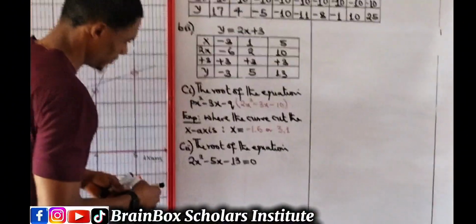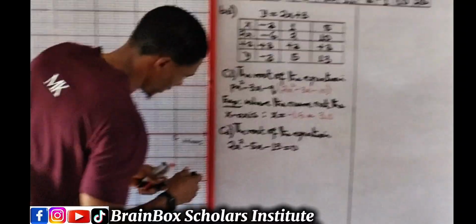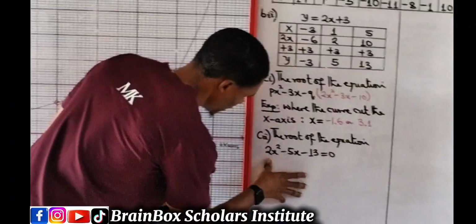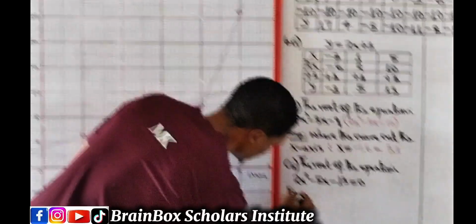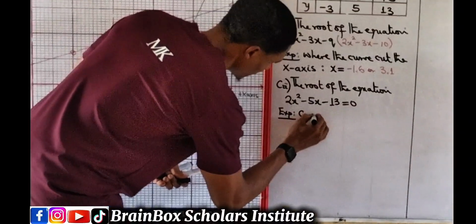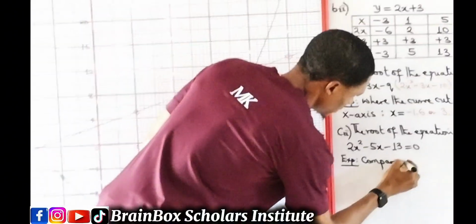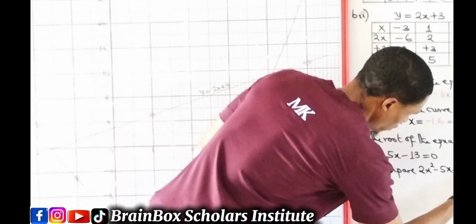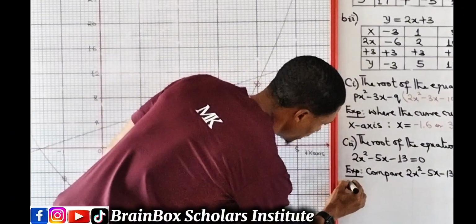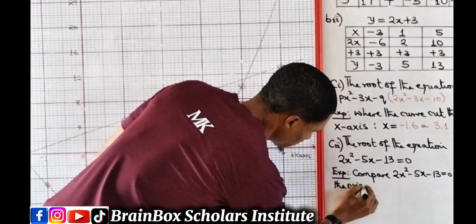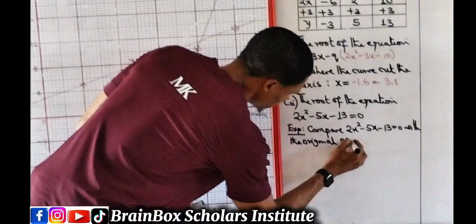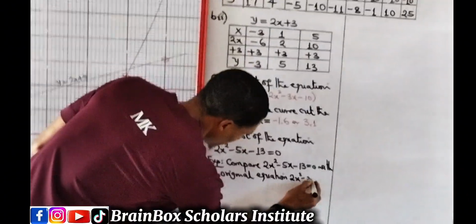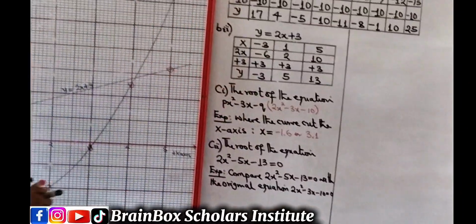Okay, sorry. So the explanation there says compare 2x squared minus 5x minus 13 equal to 0 with the original equation, which happens to be 2x squared minus 3x minus 10 is equal to 0.